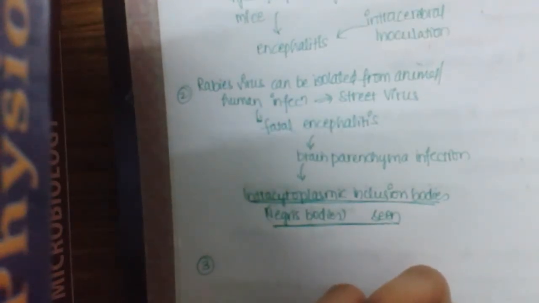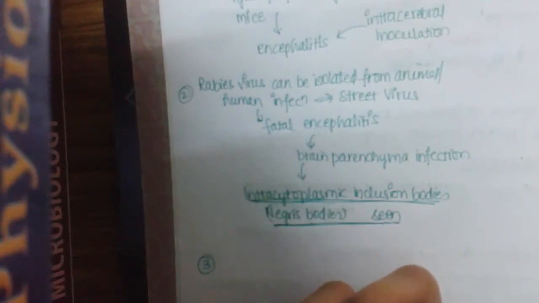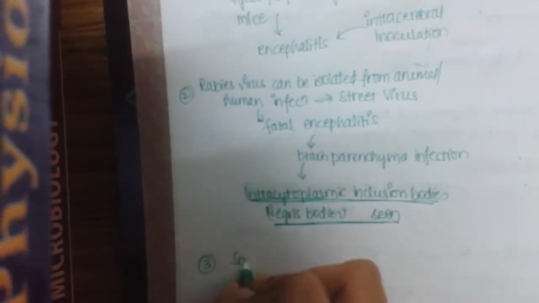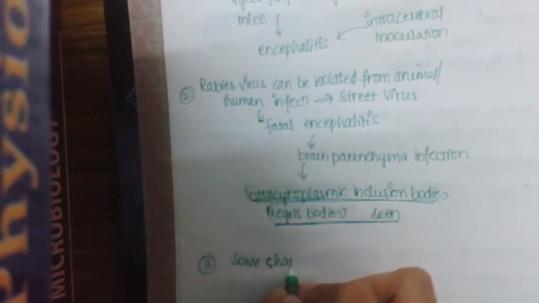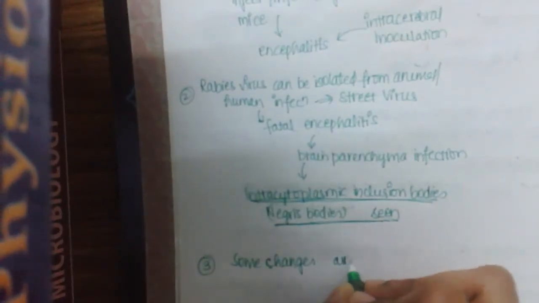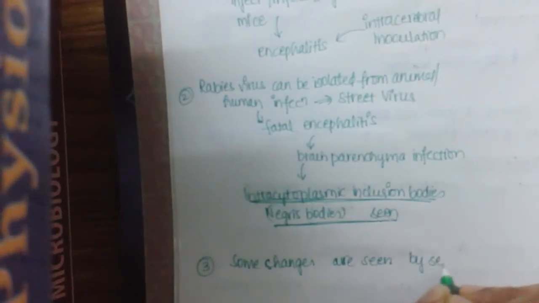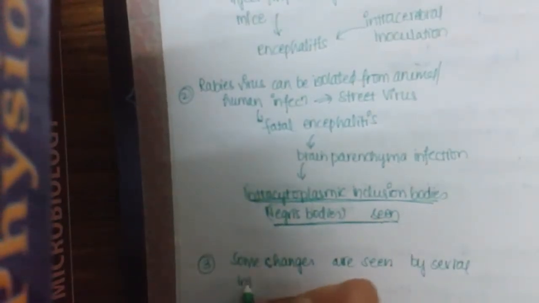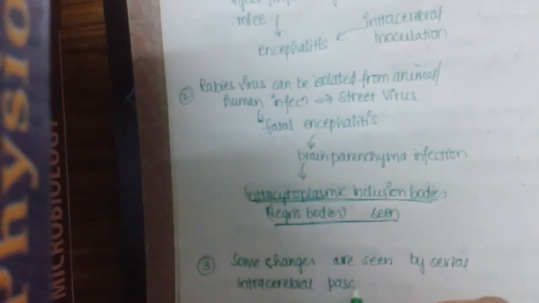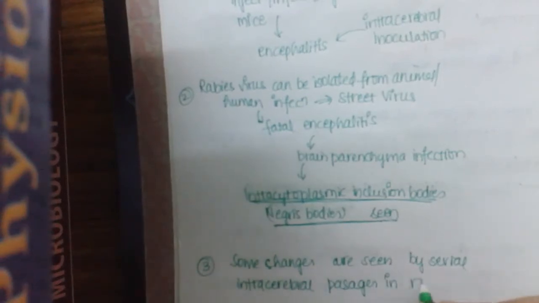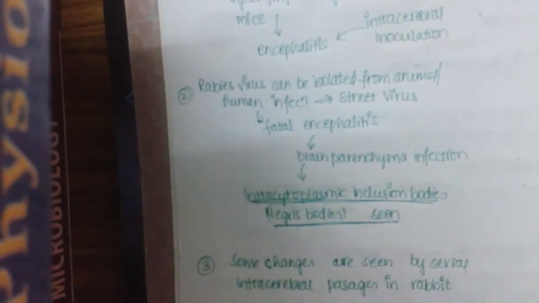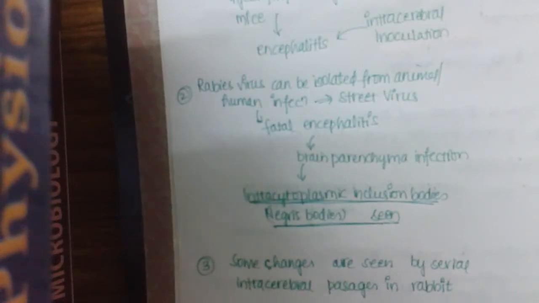And thirdly, some changes are seen by serial intracerebral passages in rabbit. That is, if you serially inoculate it in rabbits, then slowly it goes through the brain parenchyma and causes some changes.